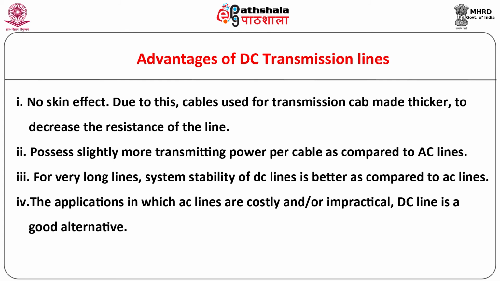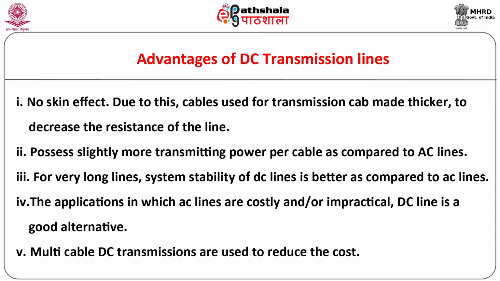The applications in which AC lines are costly and are impractical, DC line is a good alternative. Underground or underwater transmission over a distance of 50 km or more is one of such examples. Multi-cable DC transmissions are used to reduce the cost.